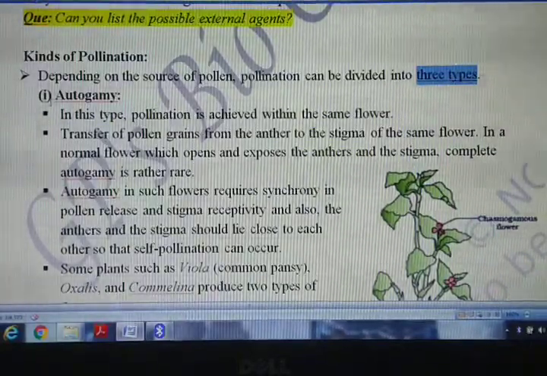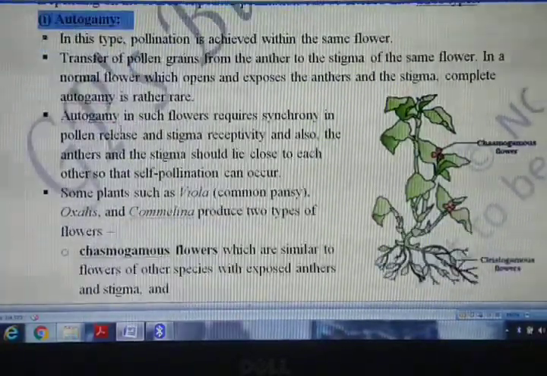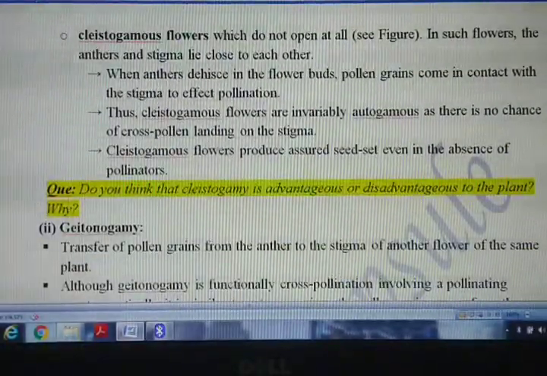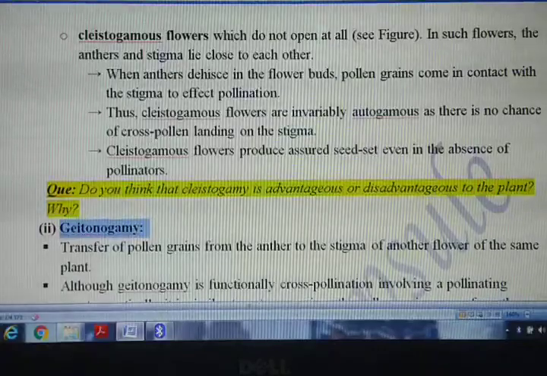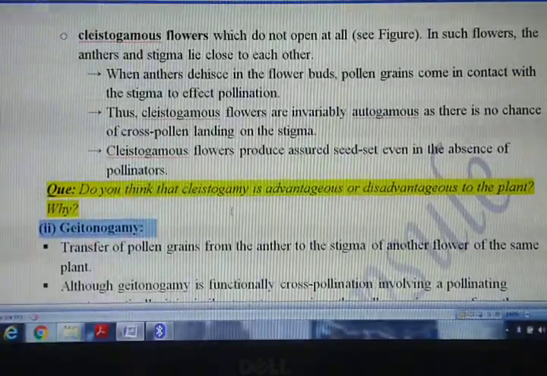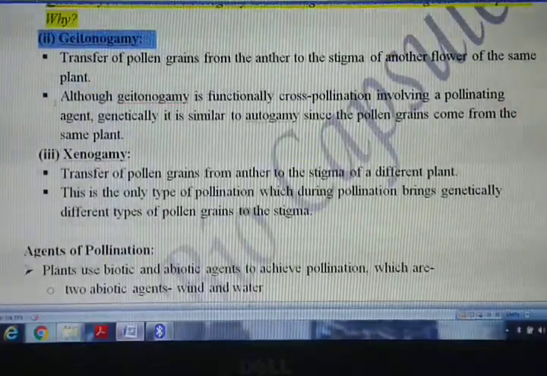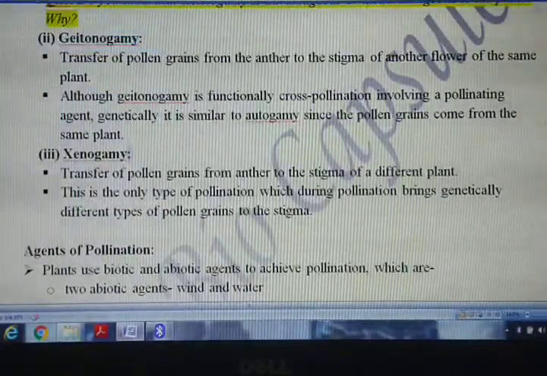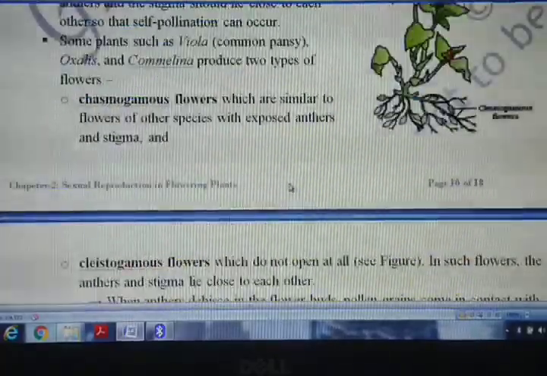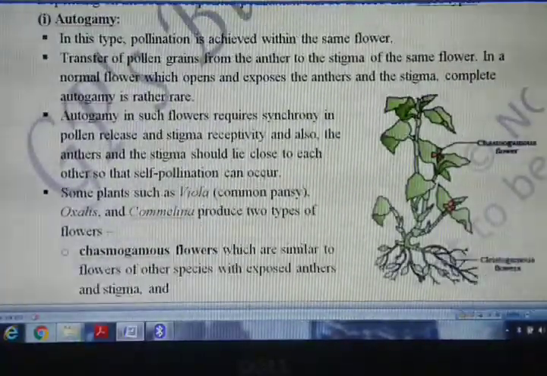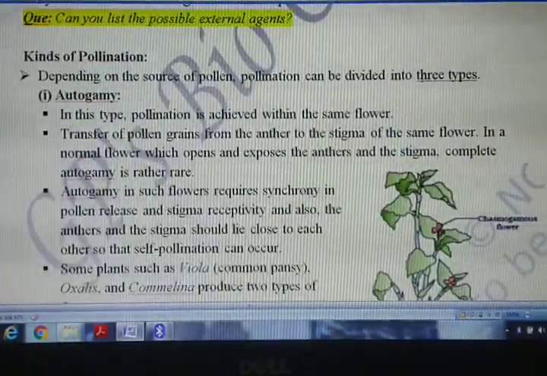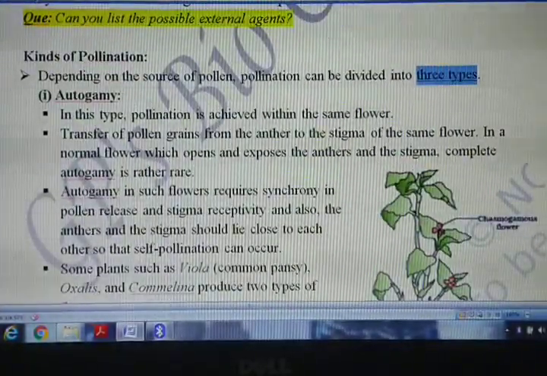The first 2, autogamy and geitonogamy, both of them are a type of self pollination, whereas xenogamy is cross pollination. What you studied earlier in lower classes was self and cross pollination. Now let us see these 3 types.